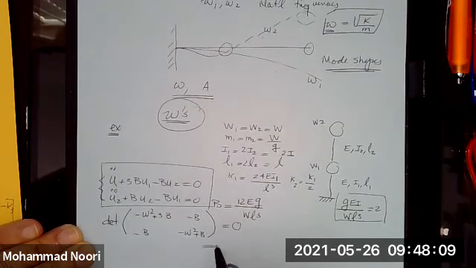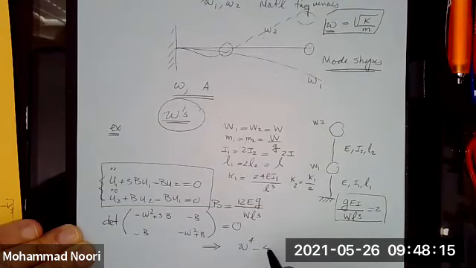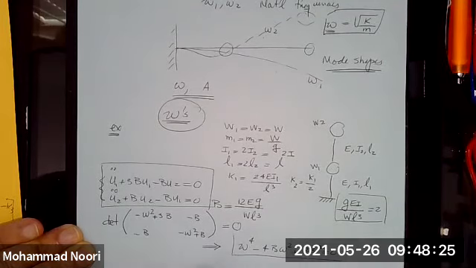If you set this equal to 0, you get this quadratic equation in terms of omega squared: omega to the fourth minus 4B omega squared plus 2B squared is equal to 0.